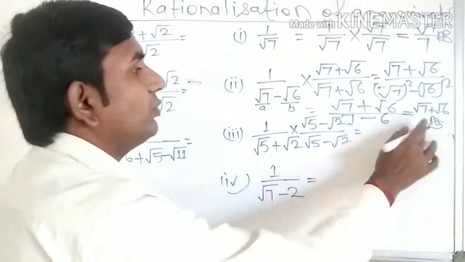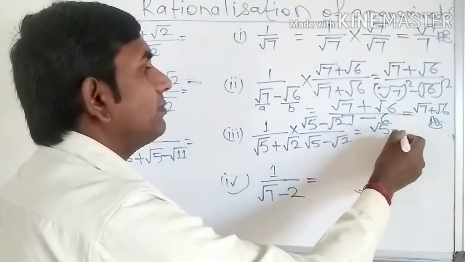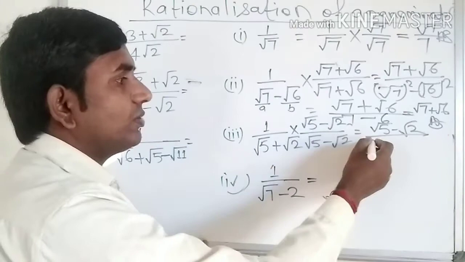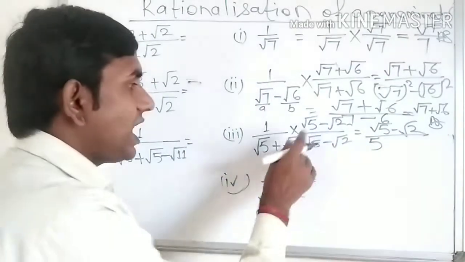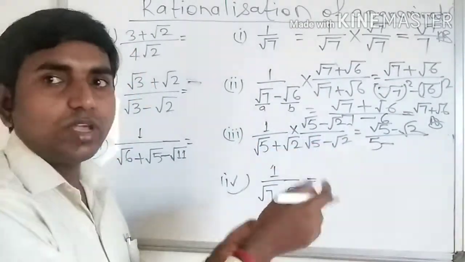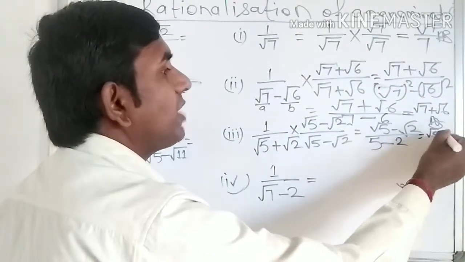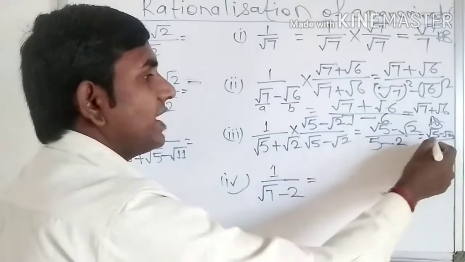After multiplying we get root 5 minus root 2 by, here we have root 5 square, so we get 5, and minus root 2 square, that is 2. So after subtracting we have root 5 minus root 2 by 3.